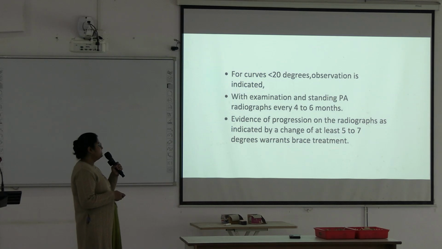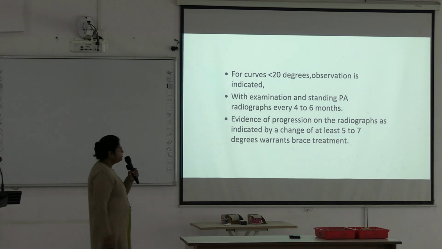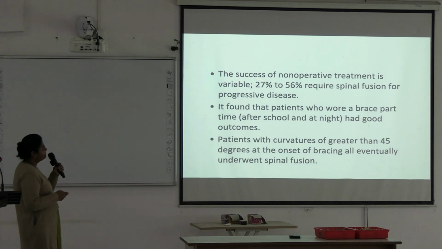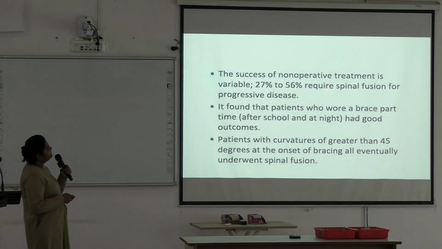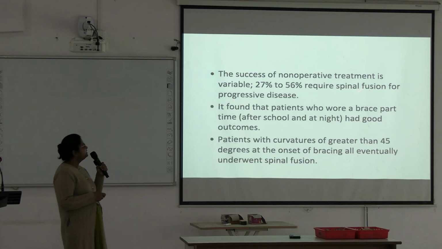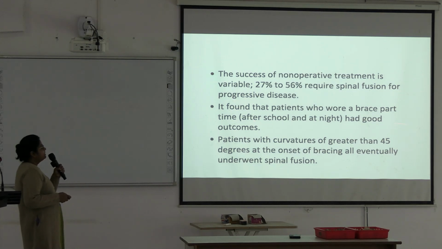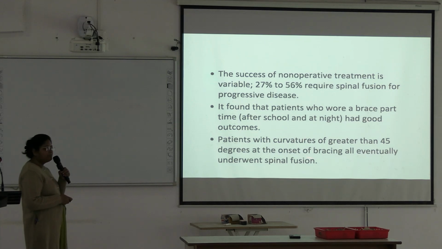And there is only brace treatment for this, less than 20 degrees. Next, success of non-operative treatment is variable from 27% to 56%, and patients require spinal fusion for progressive disease. It was found that patients who wore a brace part time, after school or at night, had good outcomes.